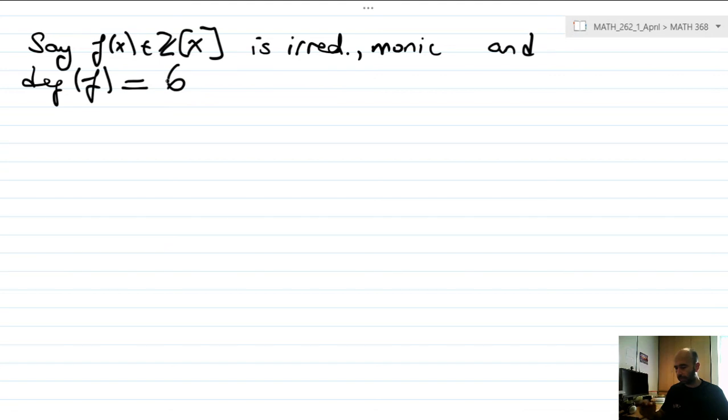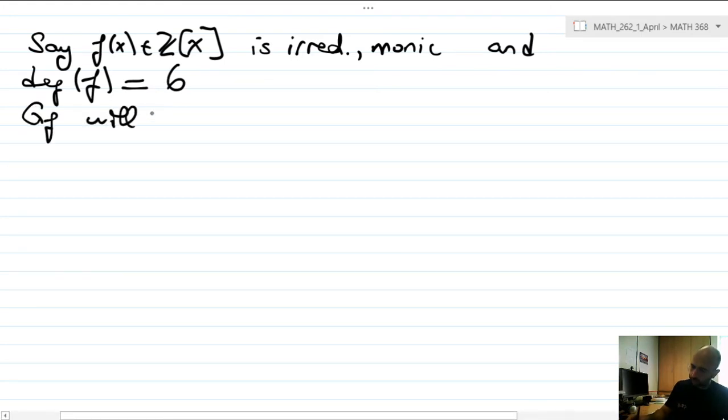Well, we looked at cubics, quartics, and quintics in quite detail, so this might be some next interesting case. Okay, since the polynomial is irreducible, G_f will be a transitive subgroup of S_6.